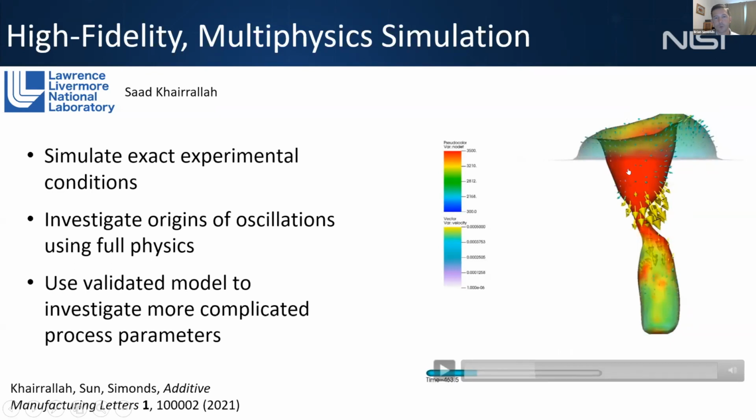Light is again now absorbed near the top where the heating is most strong. And you see this wave that starts to set up from the fluid flow outside of this hot region, which drives this pressure wave down and continues this cycle of extension, collapse, extension, collapse. So it really is this kind of tug of war between the vapor pressure that wants to push this keyhole open, and surface tension that wants to bring it closed.